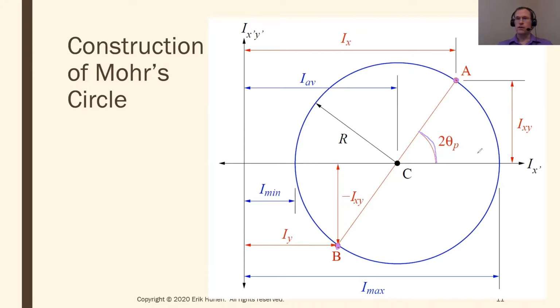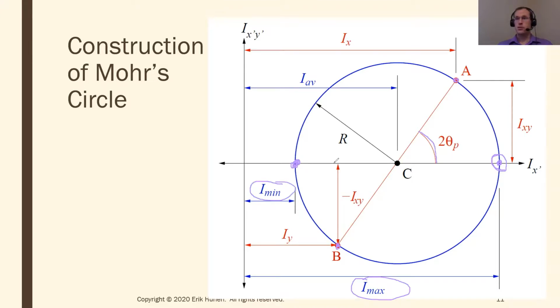And if you want to find your maximum and minimum moments of inertia, there's your maximum moment of inertia, whatever this x value is, Imax. And the minimum moment of inertia, whatever that value is, Imin.